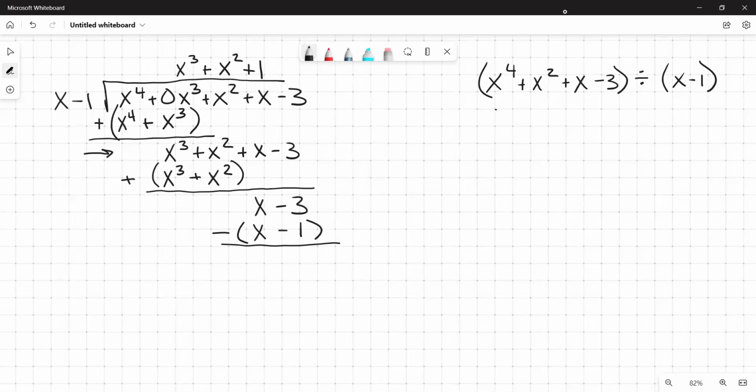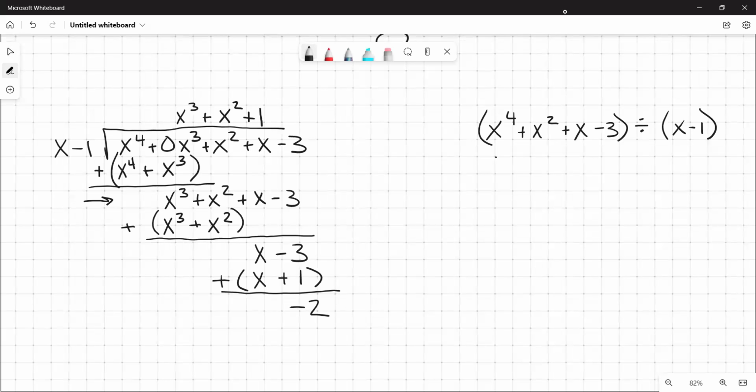The x minus x cancels. Negative 3 minus negative x is negative 2. So our negative 2 goes minus 2 over x minus 1.